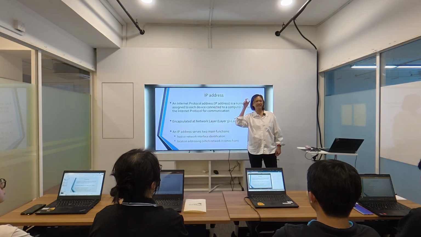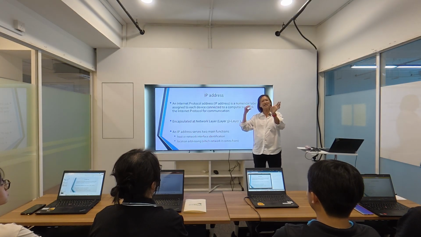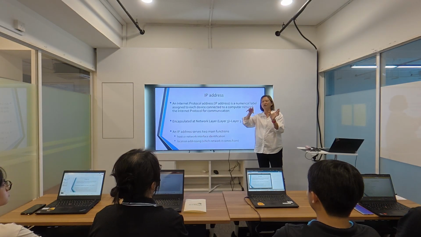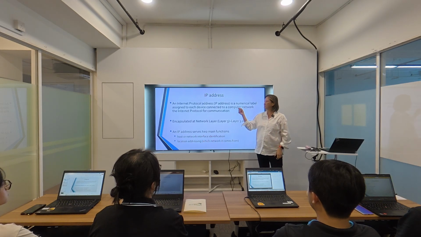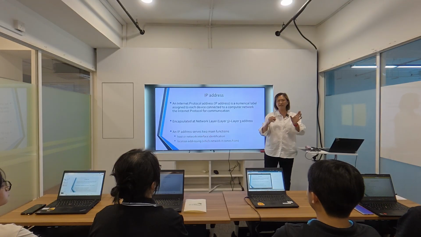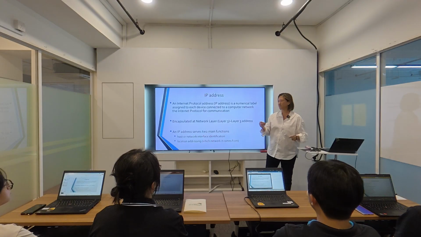That is called encapsulation. Every time you add a header, in that header's fields there will be some addressing plus some other control fields. And the IP address is encapsulated at layer 3, the network layer. At the network layer, you insert a header, and in that header would be the IP address.